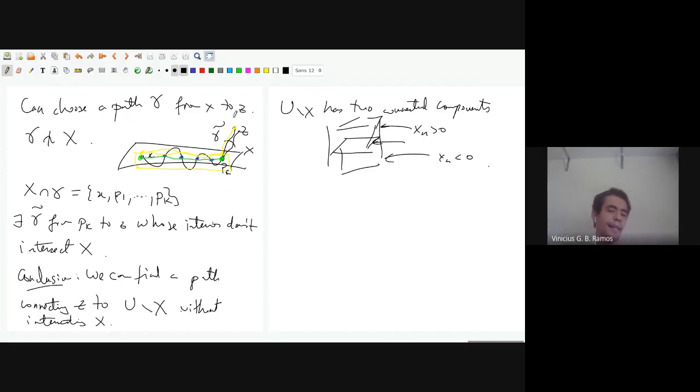That implies that Rn minus X has at most two connected components. It's an open set, so being path connected is the same as being connected. So it has at most two path connected components, so two connected components.